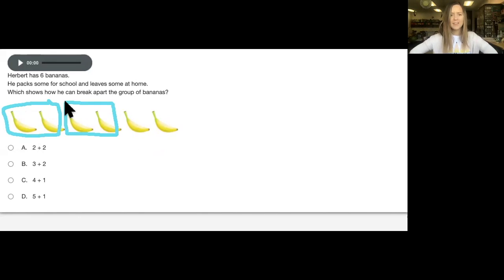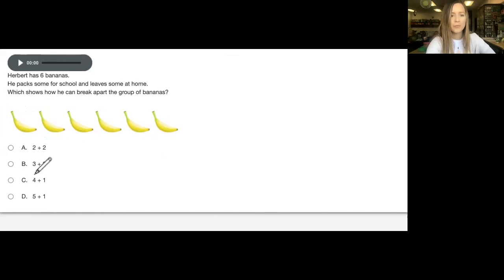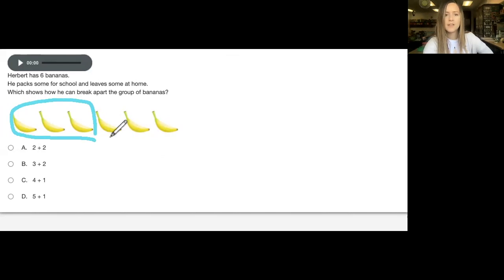Wait a second. We still have some bananas left over. 2 plus 2 does not work. Let's try choice B. 3 plus 2. 3 bananas, 2 bananas. Did that work? No, there's still one more banana left. That doesn't work either.